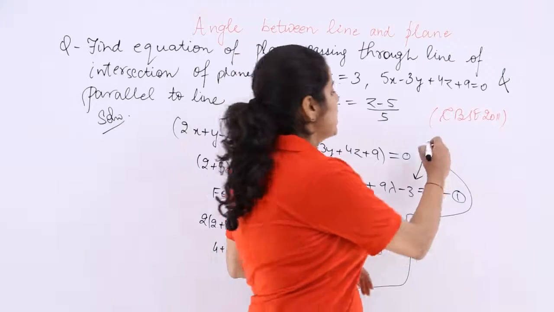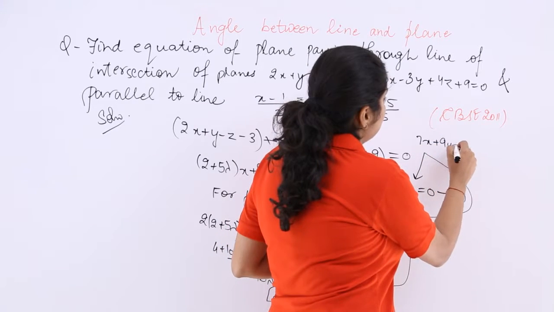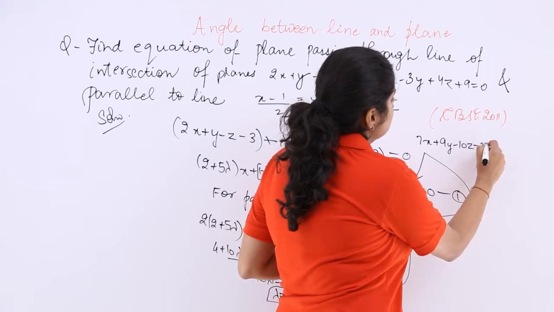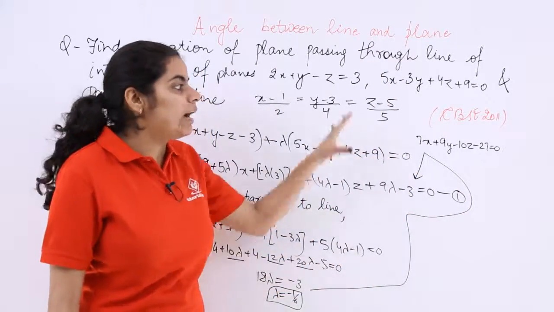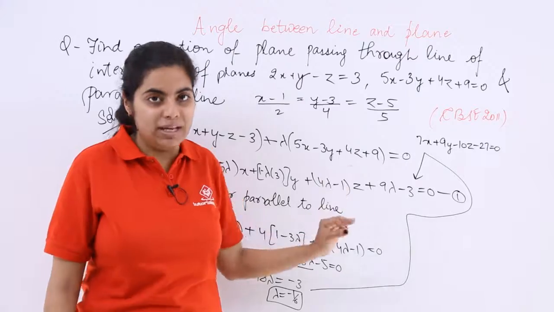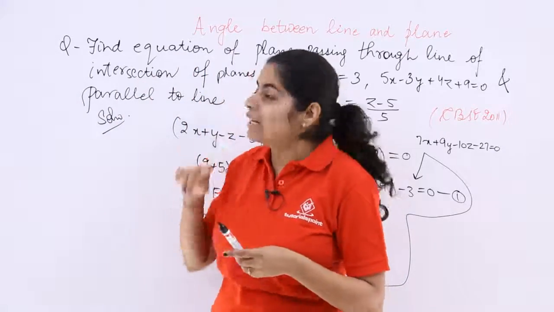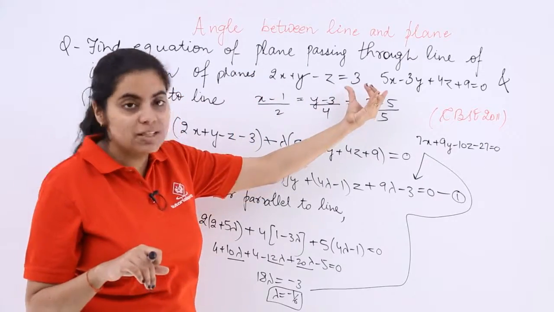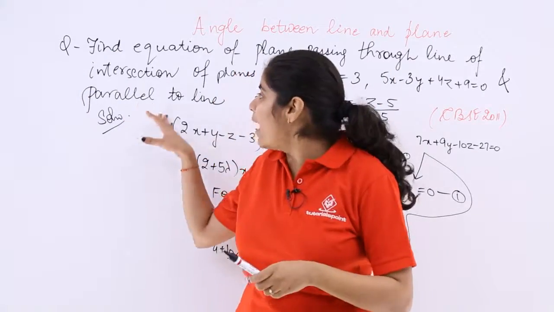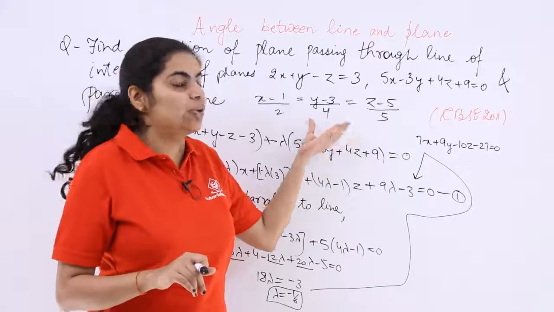It will be 7x plus 9y minus 10z minus 27 is equal to 0. This will be the required equation of the plane, and the plane will be such that it passes through the line of intersection of these two planes, and it will be parallel to the line with the Cartesian equation as this.